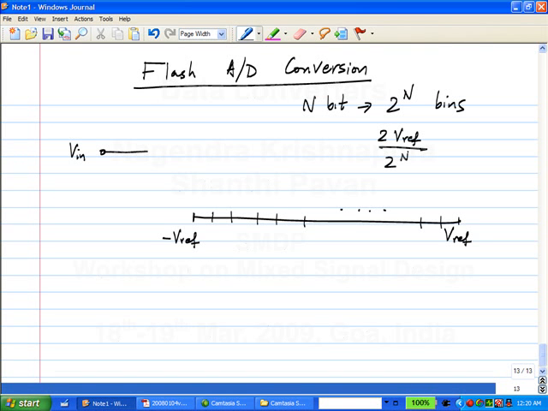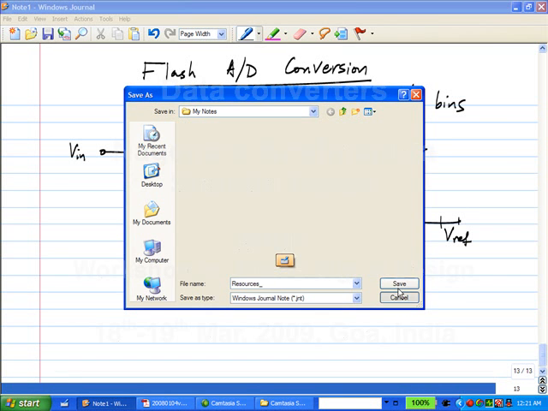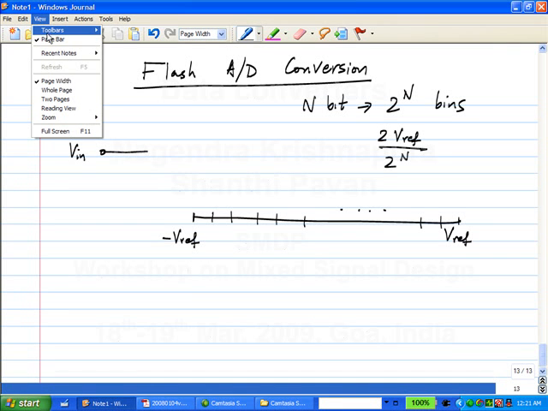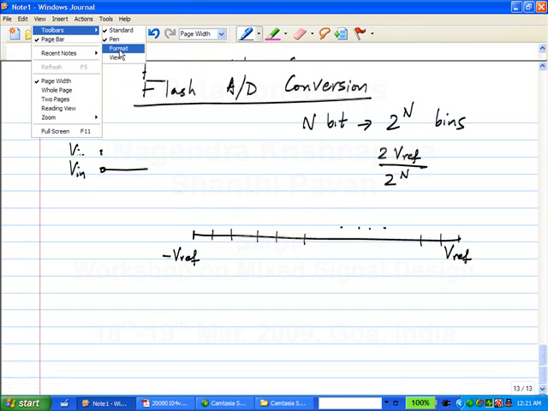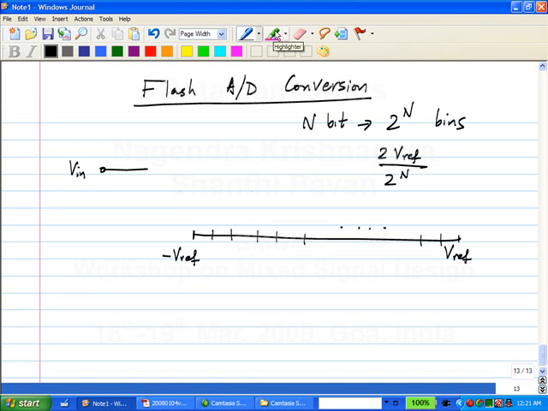And then we are trying to figure out in which of these bins the input is, say, so the input is here, right, then we say that the input is in this particular bin.